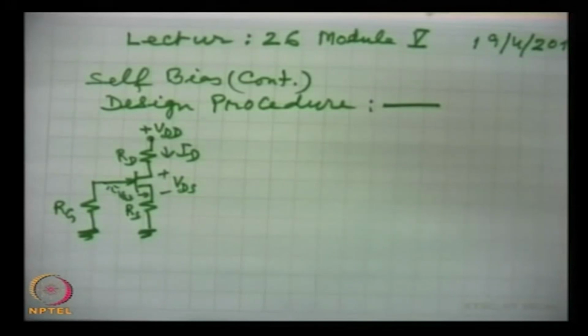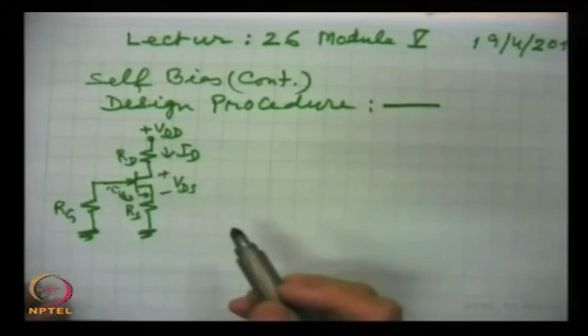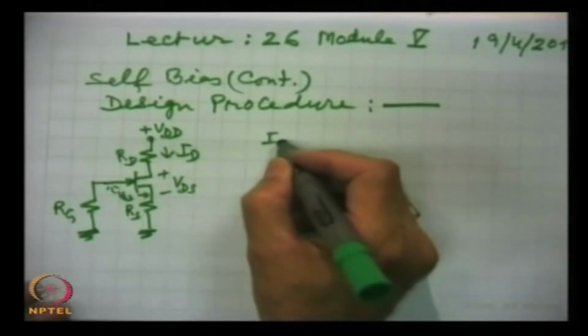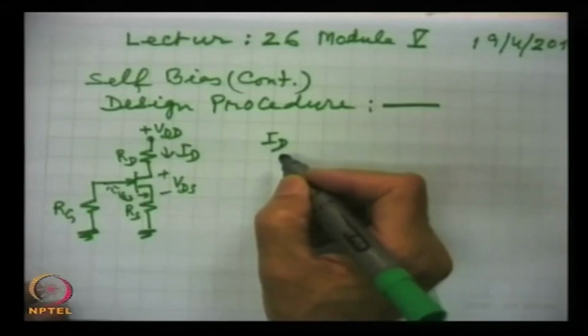This was the self bias circuit, and design implies that we should know the value of current I d at the Q point.